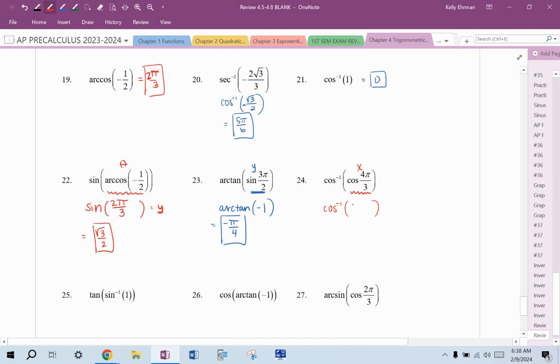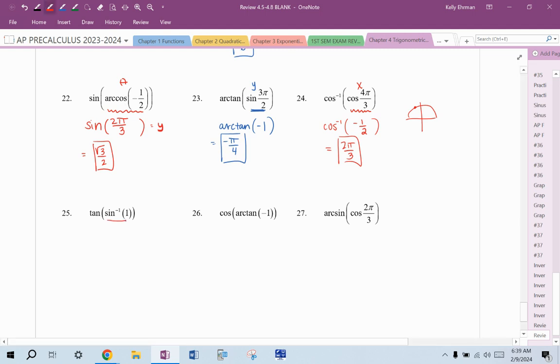So the x coordinate is -1/2 at 4 pi over 3. That's the speed quiz question. And then what is the inverse cosine? What angle makes cosine -1/2? So it's not 4 pi over 3, because remember, we're only restricted to the top half of the circle. So the other angle that makes cosine equal to -1/2 is 2 pi over 3. And that keeps popping up, right? We had that in 22, we had that in 19.